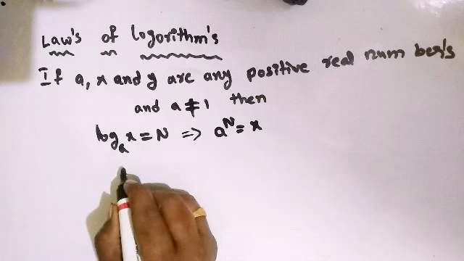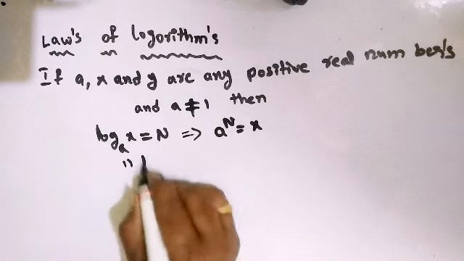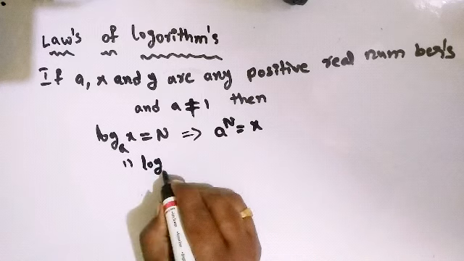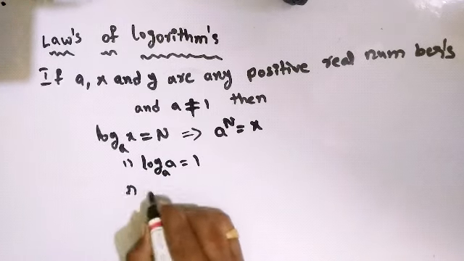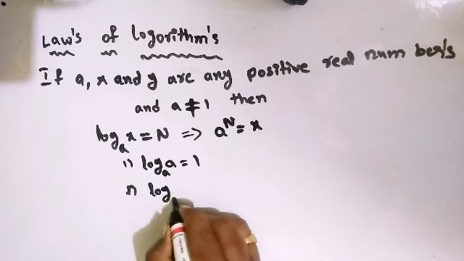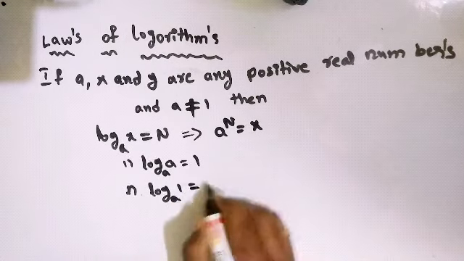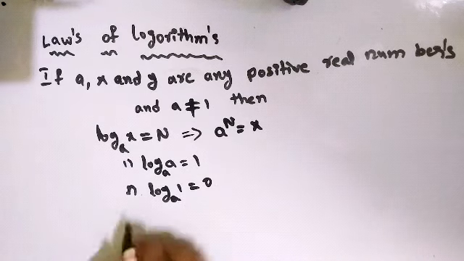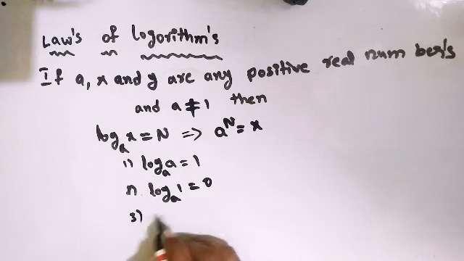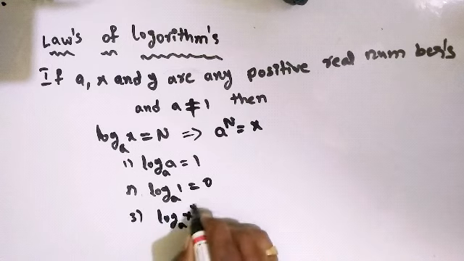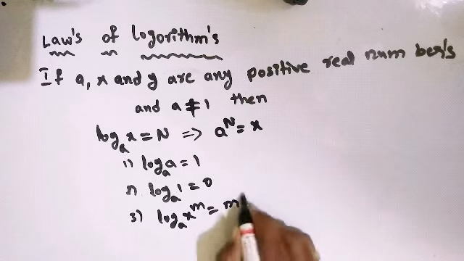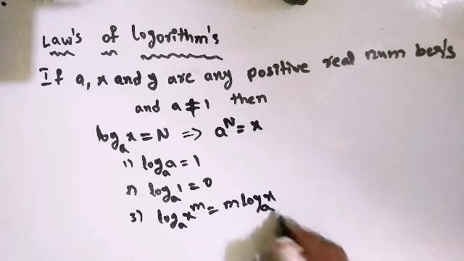So we come from the starting. First law, log base a of a is equal to 1. Second, log base a of 1 is equal to 0. And next, log base a of x power m is equal to m log x, that is base a.